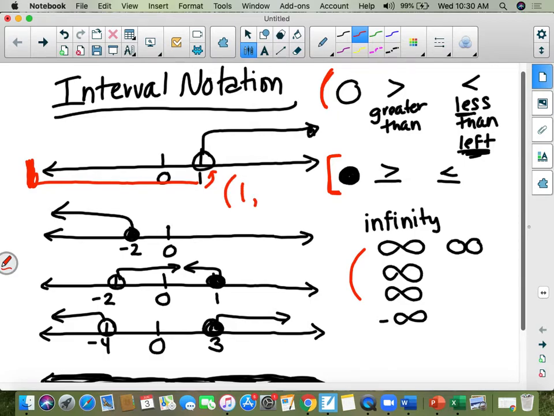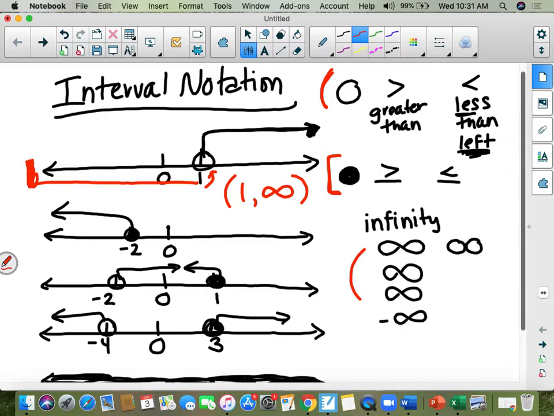Notice that it goes from 1 on and on forever, and the numbers after 1 are 2, 3, 4, 5, 6, 7, 8, 9, 10, 100, 1,000, 1,000,000. It just keeps going on positively. So this number line goes from 1 to infinity. You always end and start your infinity with a parenthesis. This is called interval notation.